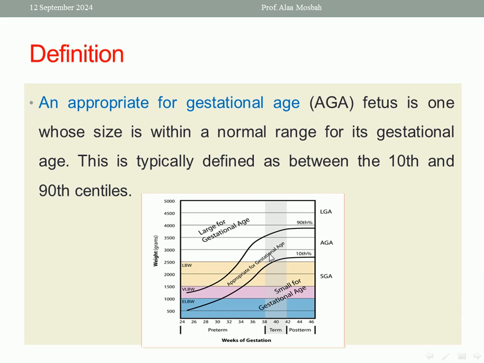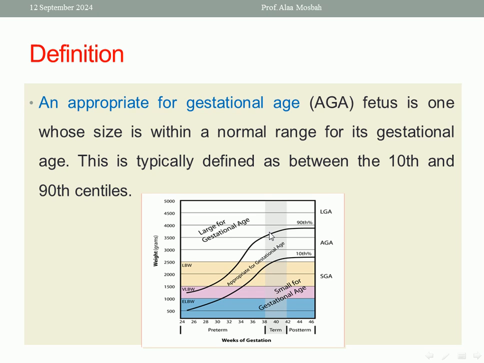This is the normal one. A fetus whose size is within the normal range for its gestational age, and this is typically defined between the 10th and 90th centile. As you see here, this is the 10th and this is the 90th. So in between here, this is the appropriate.